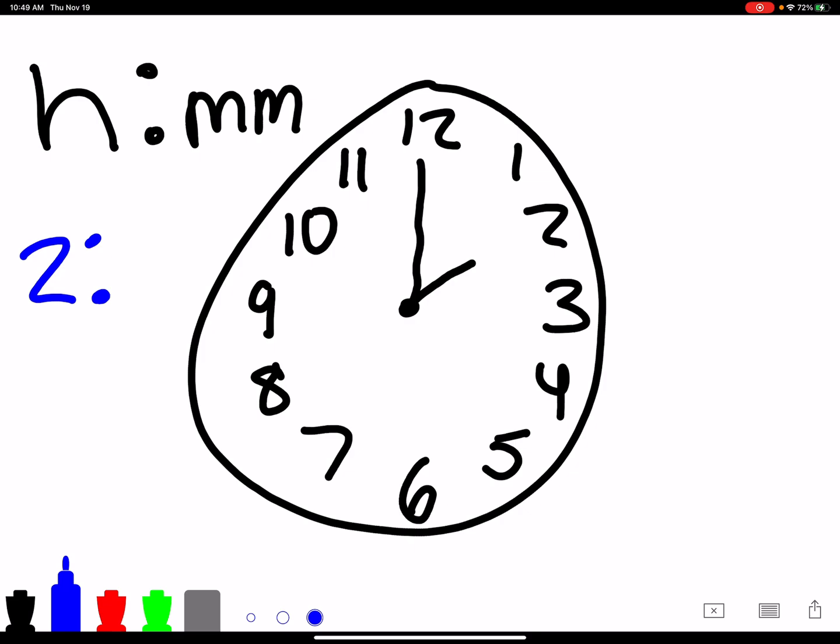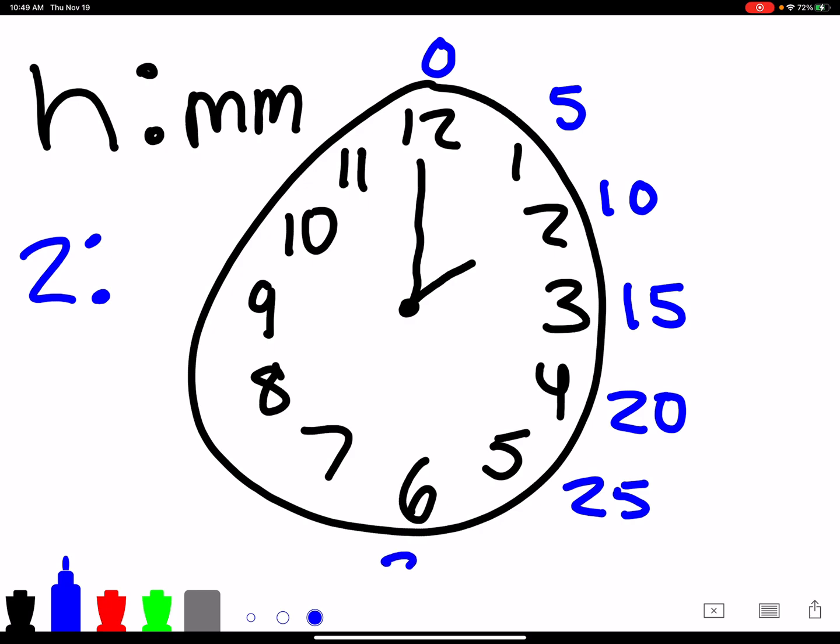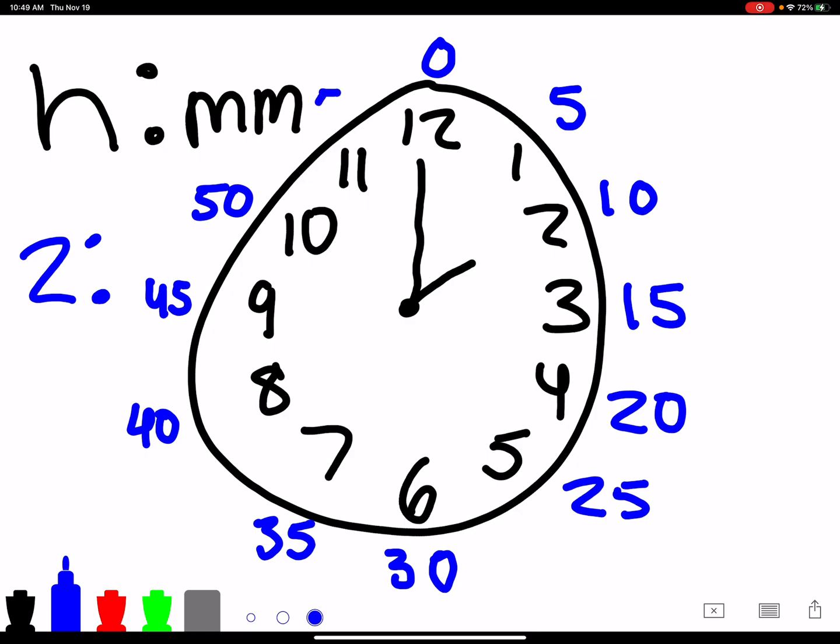So, for example, if we start at 12, we have 0, 1 is 5, 2 is 10, 3 is 15, 4 is 20, 5 is 25, 6 is 30. Let me fix my 3. 7 is 35, 8 is 40, 9 is 45, 10 is 50, and 11 is 55.